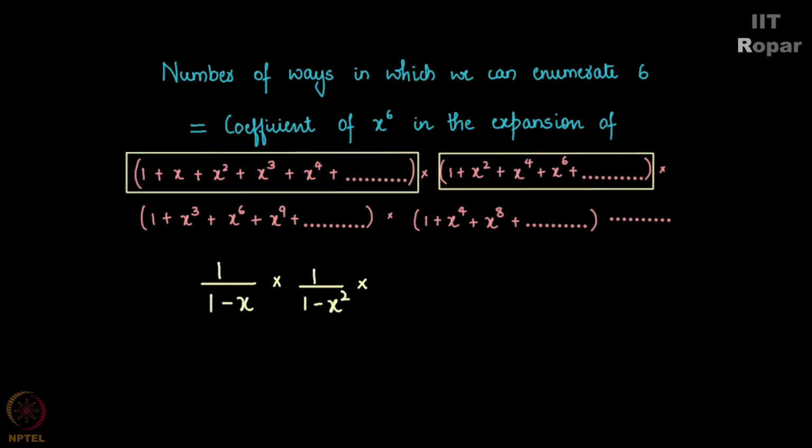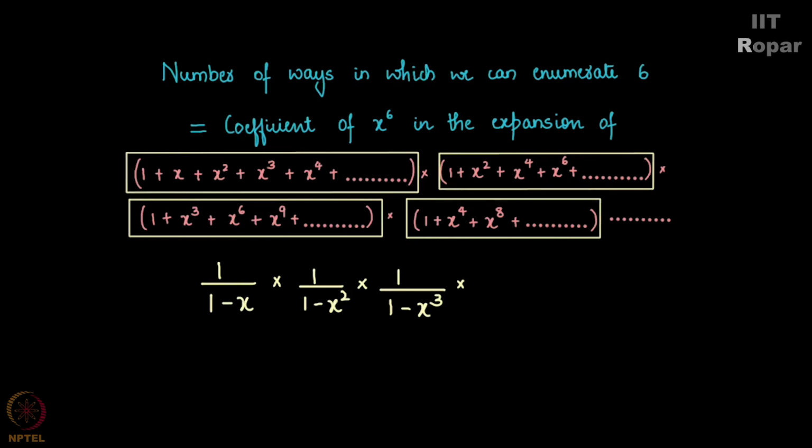And 1 plus x cube plus x to the 6 and so on is actually 1 by 1 minus x cube. And this one is nothing but, yes, you must be guessing by now, it is 1 by 1 minus x to the 4. And so on. As we continue the generating functions, you will get 1 by 1 minus x to the 5 into 1 by 1 minus x to the 6 and so on.